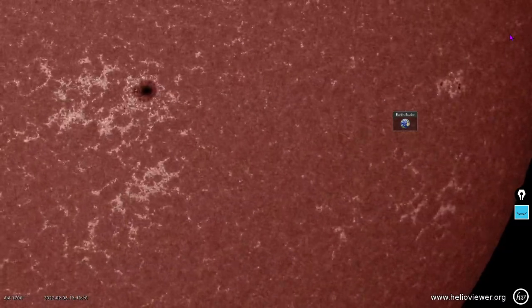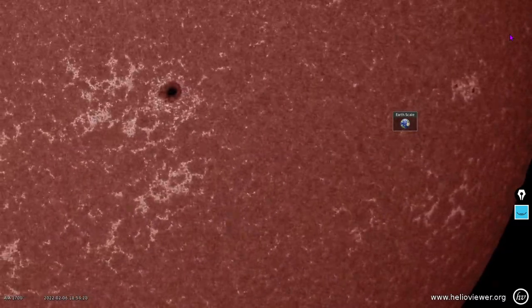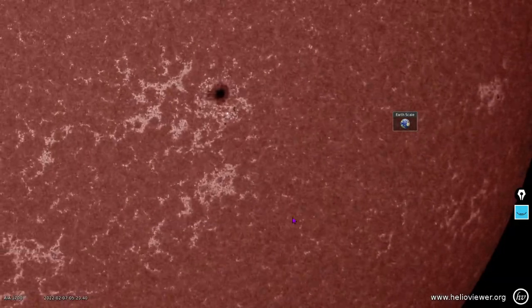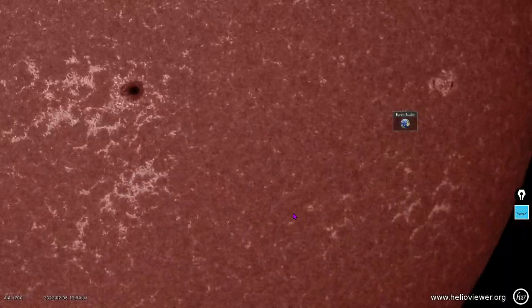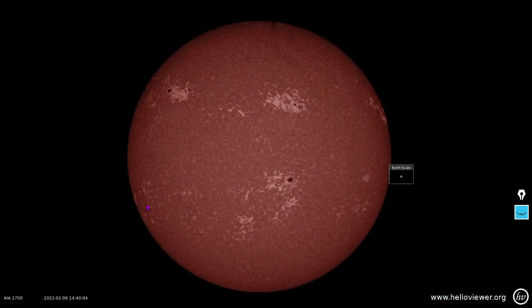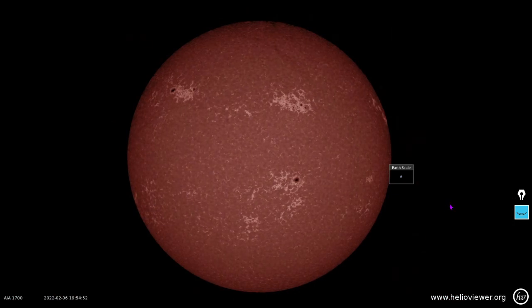Yeah, there was a little bit of flaring came out of that, a little bit of ejecta. This is a sunspot group over here too. It's pretty minor, although it is beta class. And we do have another group having just formed back here in the southeast. So we'll be keeping an eye on that.